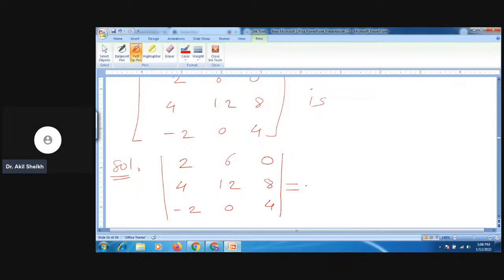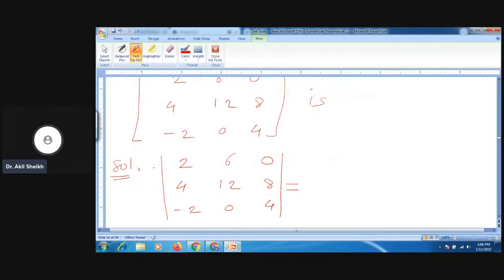Now there is the property of determinant: when we take any element common, either from a row or from a column, then there is only change in that specific row or column.